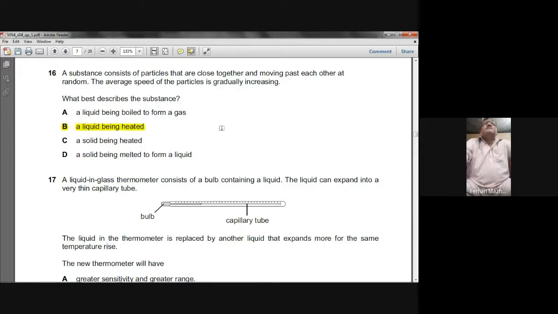What do you say? A liquid being heated. Sir, sorry? A भी हो सकता है. A liquid being boiled to form a gas. You see, when a liquid is boiling, its average speed does not increase.